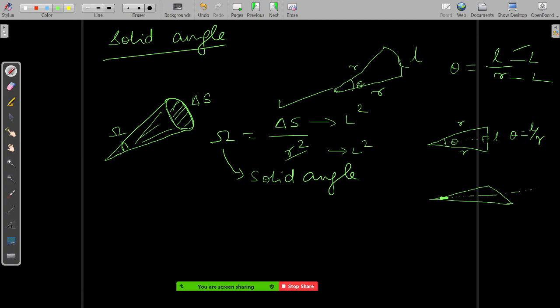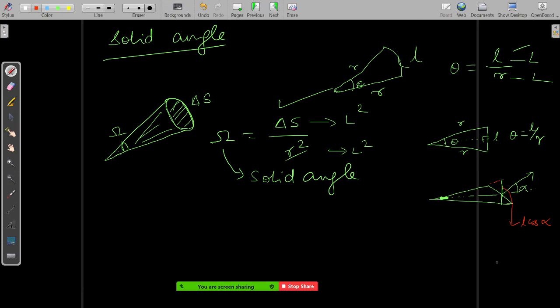The perpendicular direction to this line L is making an angle alpha, let's say. So we take the component of this length L in the direction perpendicular to this. This length will become L cos alpha.